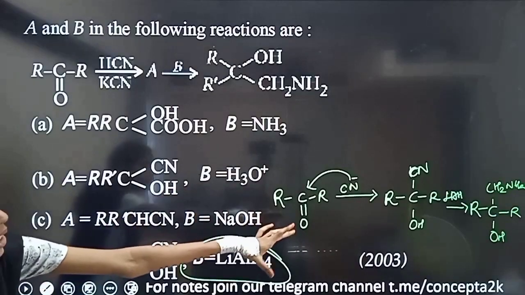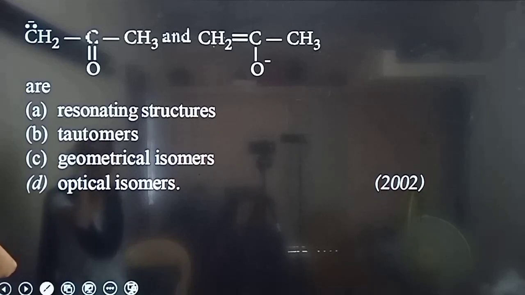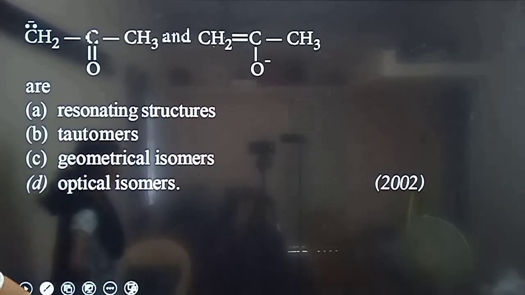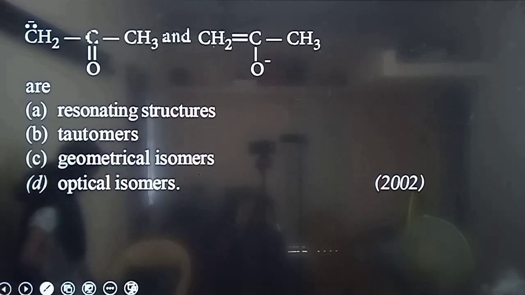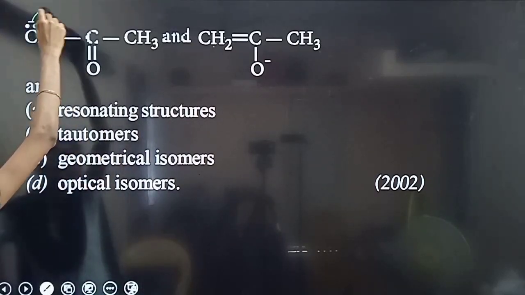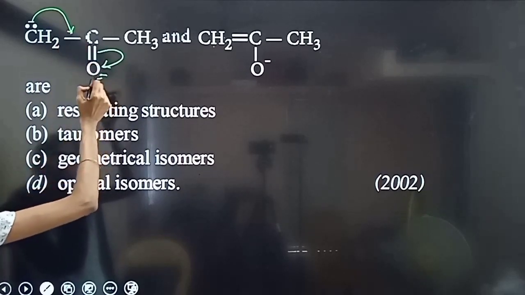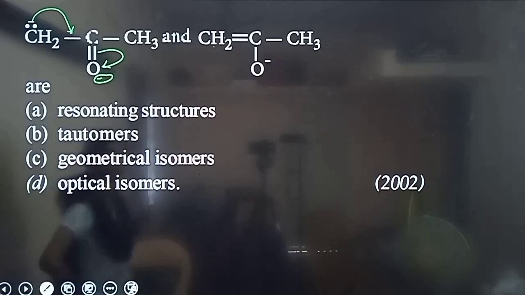If we do hydrolysis, we will be getting the acid part only. Okay, so these two are what kind of structures: resonating structures, tautomers, geometrical isomers or optical isomers? Okay, so there is a lone pair on this carbon. When the electrons shift here, there will be generation of negative charge on oxygen.